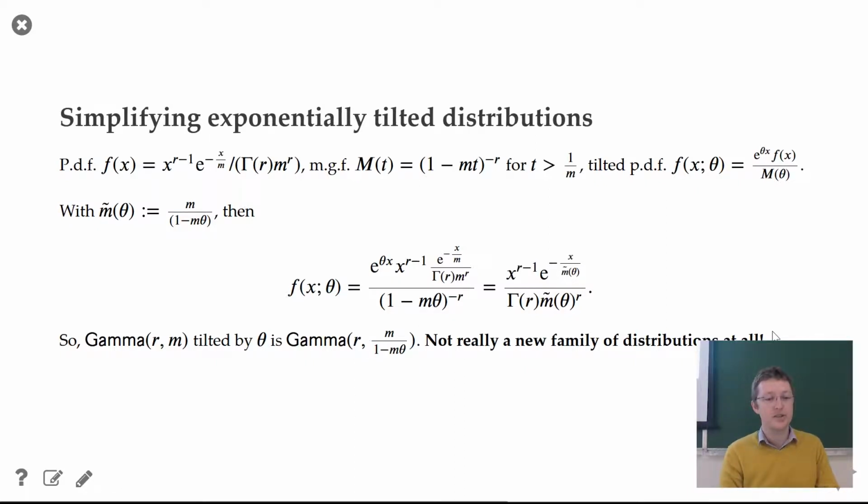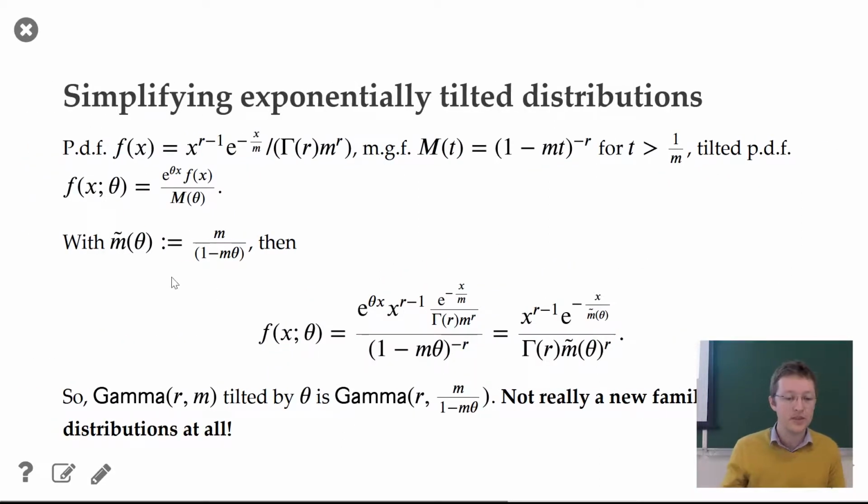That's because if you take this example a bit further, the gamma distribution, and you write out the actual exponentially tilted PDF, this is what it looks like here.